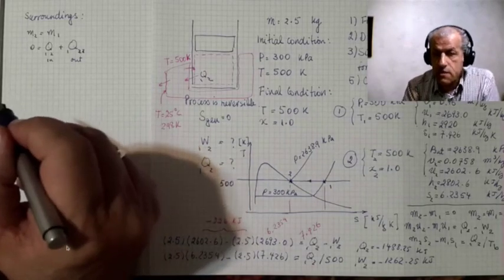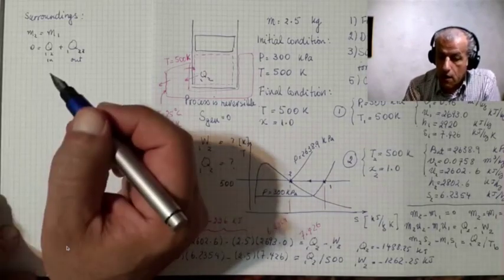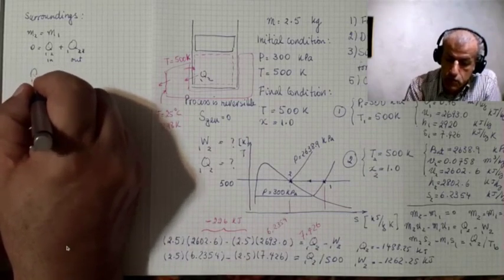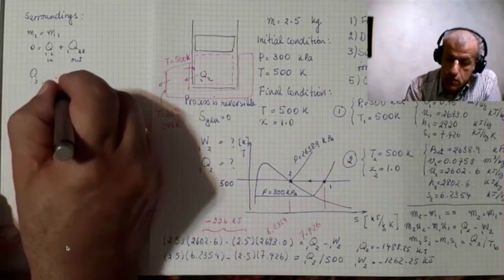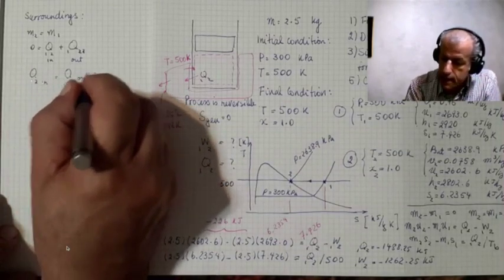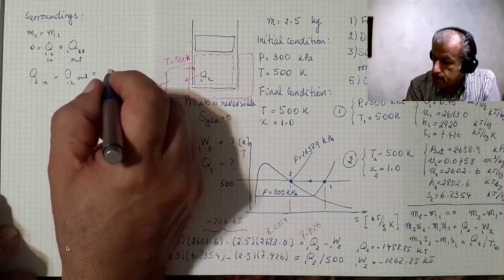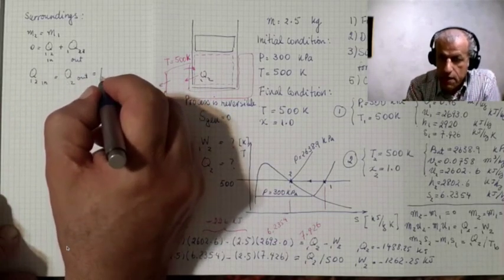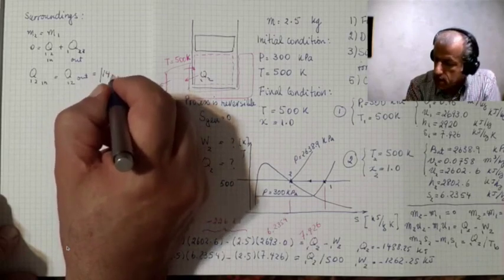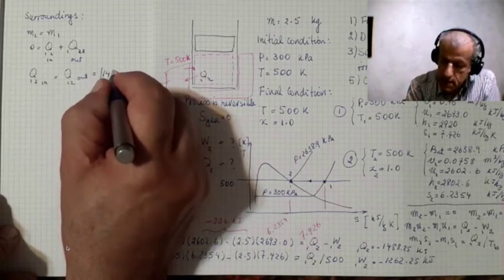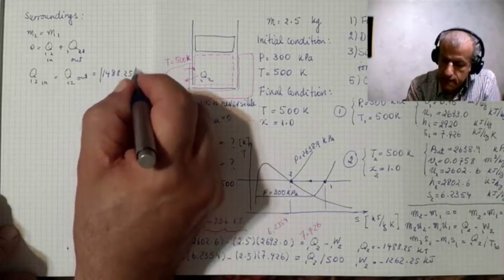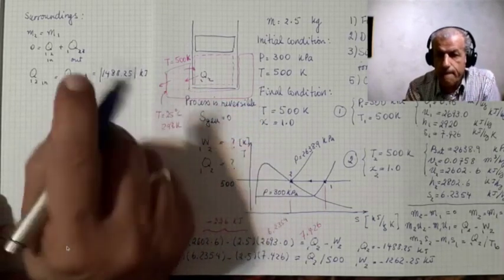So what it tells us is that Q12 in equals Q12 out, and that would equal, in fact, one is positive, the other is negative, so I have to write it in absolute terms, 1488.25 kilojoules.